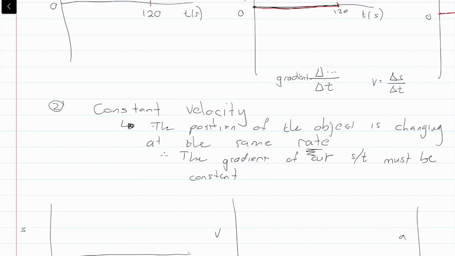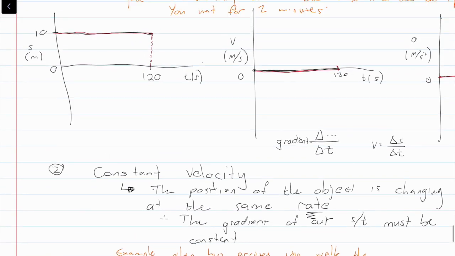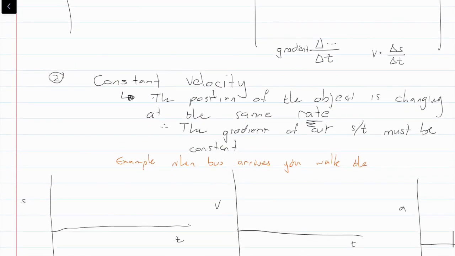So for example, when the bus arrives, you walk to it, or walk the 10 meters at a constant velocity in, let's say, 2 seconds.